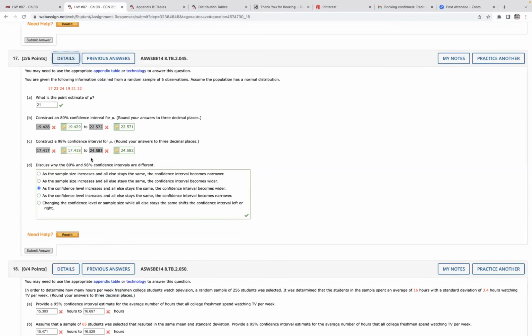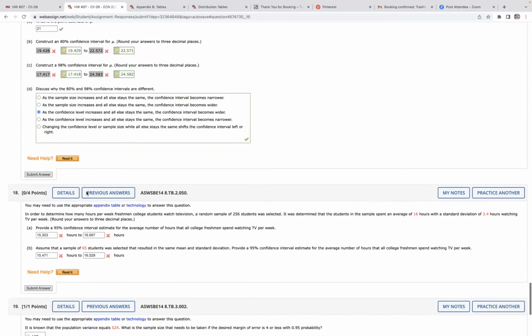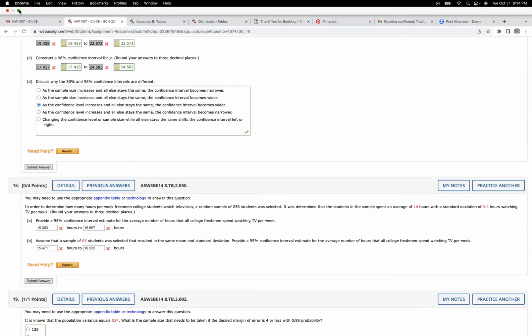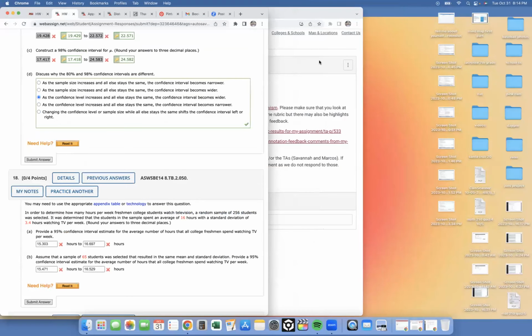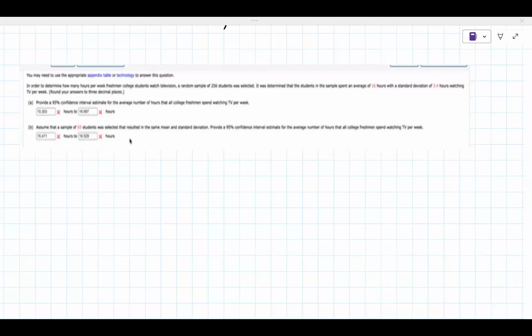Okay. All right, so in this new problem here, I'll go ahead and share my screen. When you read the words here, it says the average is 16, S is 3.4, and N is 256.